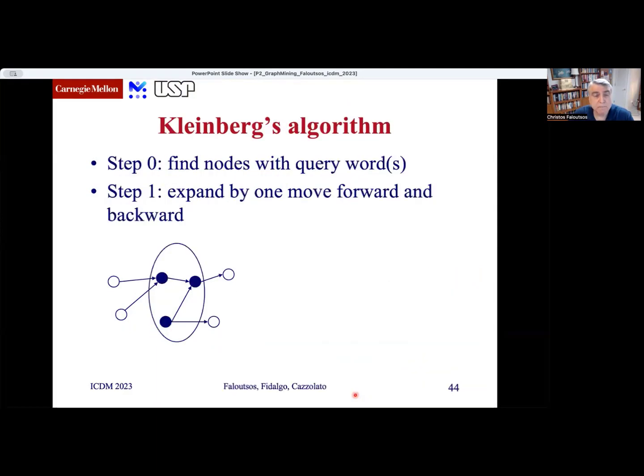So the Kleinberg algorithm says, suppose you want to find all the web pages that contain the word moussaka, or something, some type of food. Find everything that has the word moussaka, and also all the pages, one step backward, that point to these blue pages, and all the pages that are being pointed to, even if they don't contain the word of interest.